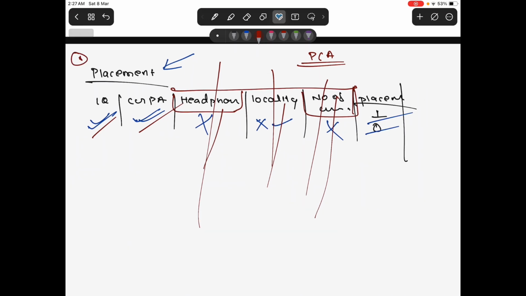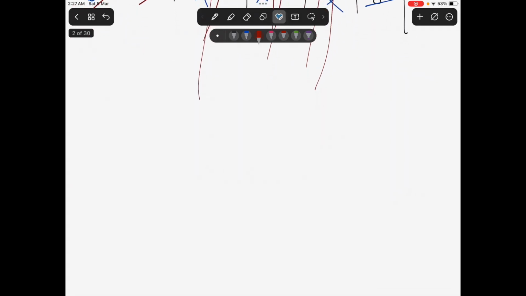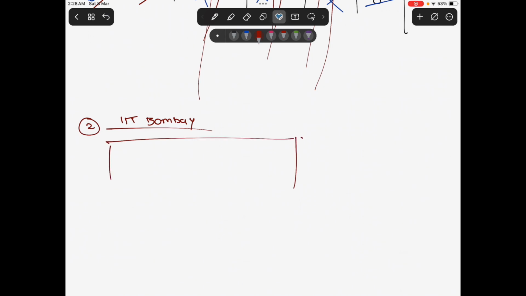Let's take another example, option 2. If a company is going to IIT Bombay, and all the columns are the same, let's only take the important columns, IQ and CGPA.